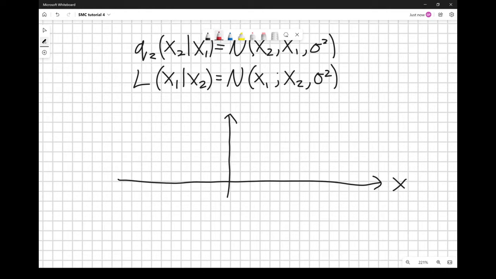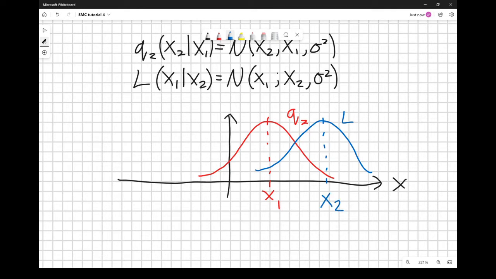So let's say that Q2 looks a bit like this, and that it is centered on x1, as that's the mean. And then let's say that the L-kernel looks a bit like this, and that this is, of course, centered on x2.